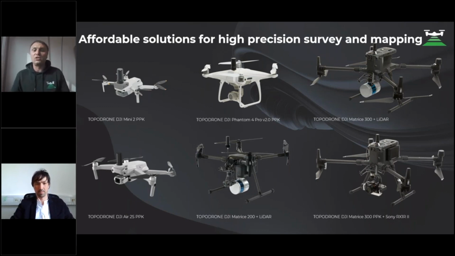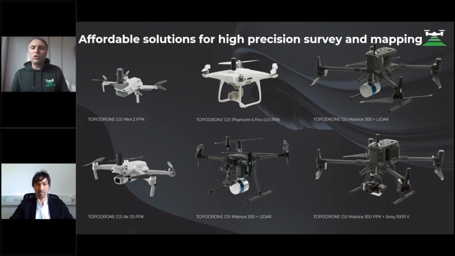And after that, using post processing, you will get precise coordinates of the images. And after that, you can make a survey, and you don't need to lay a lot of ground control points. You just need to measure several checkpoints to evaluate the accuracy. And this was the major advantage of such technology.